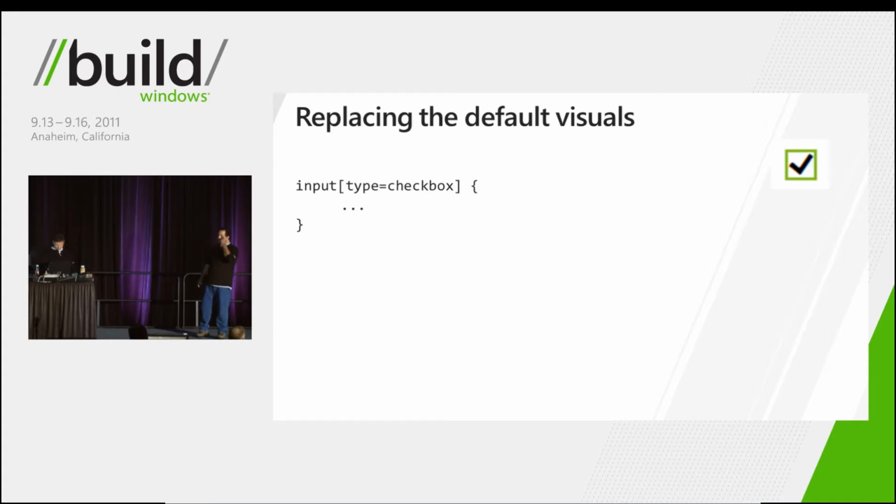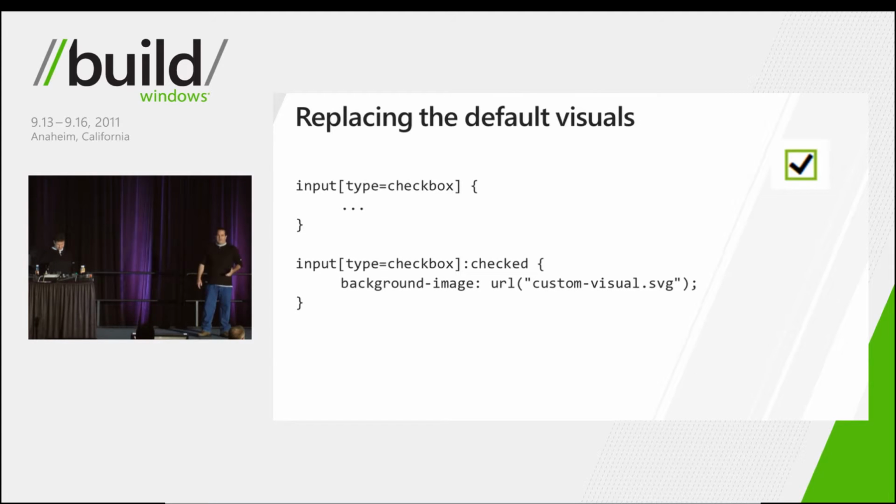And using the CSS parts and state stuff that we previously discussed, I can do that. So for example, if I have input type checkbox :checked, which is a pseudo class, I can say, I want to introduce this particular background image, it's a custom SVG image that I've created, when the checkbox is checked. So when the checkbox is checked, I get my image, which is great, right?